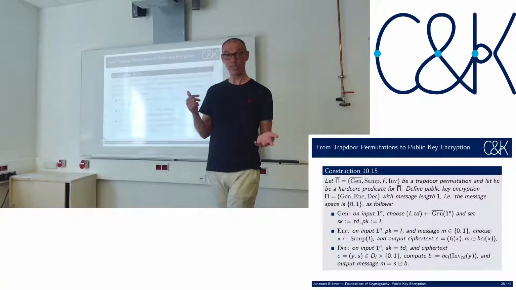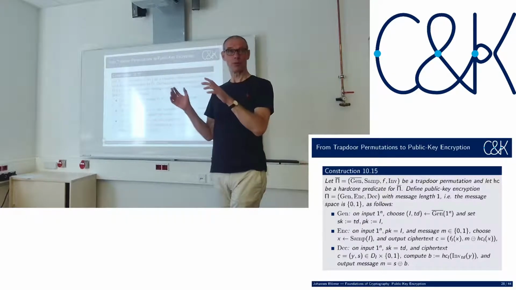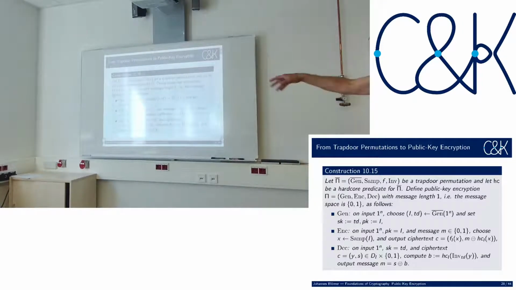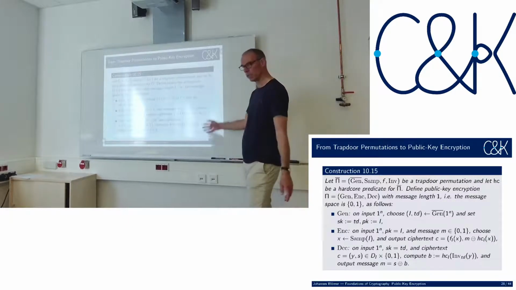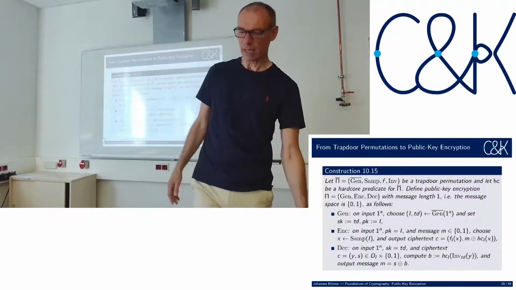So you encrypt a single bit by 4097 bits. This is not something that practitioners are happy about. There are much more efficient constructions, but we are interested in the general assumption constructions, and they use similar ideas, using trapdoor permutations in a slightly more clever way.